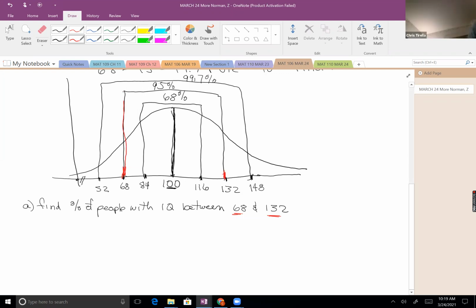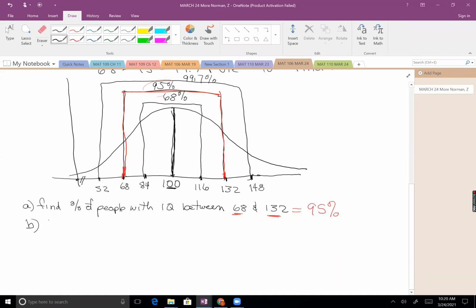And if I follow up, does everybody see that that gives me the entire box for 95%? And we just read that one right off the graph. That one okay?